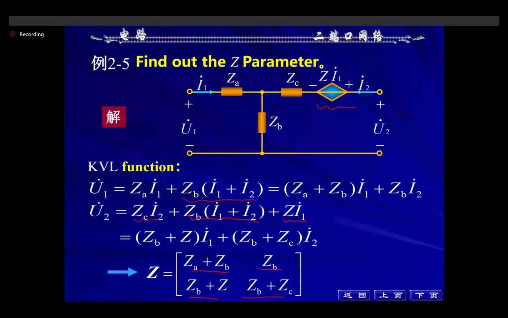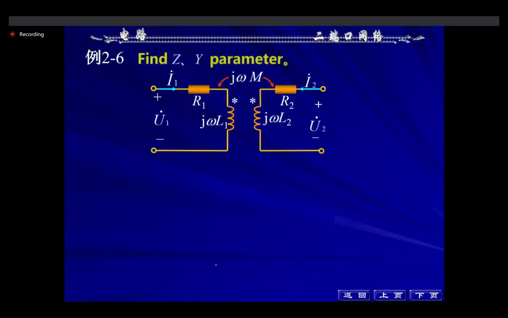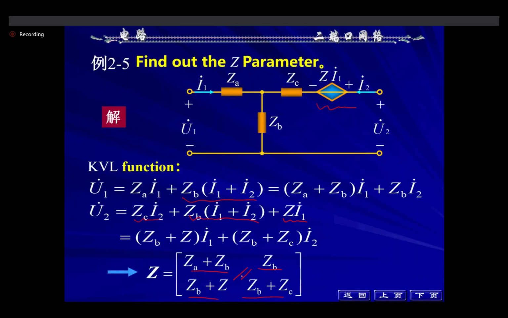This G12 is not equal to G21. They are not equal, so it's not reciprocal.